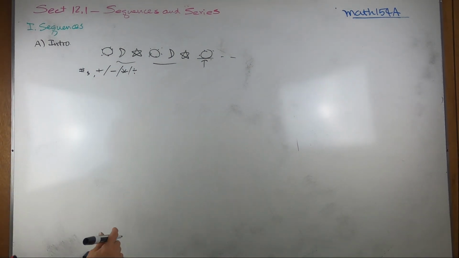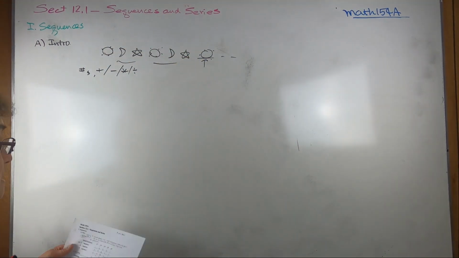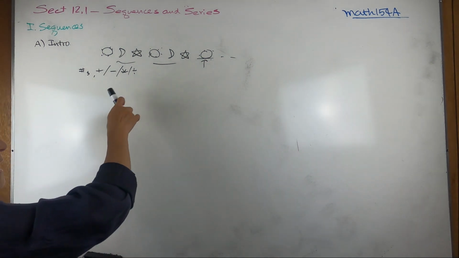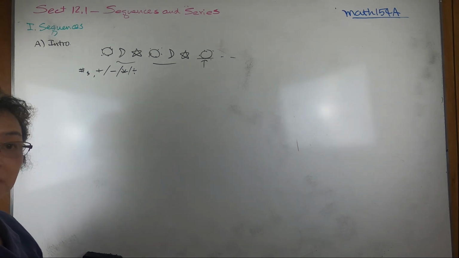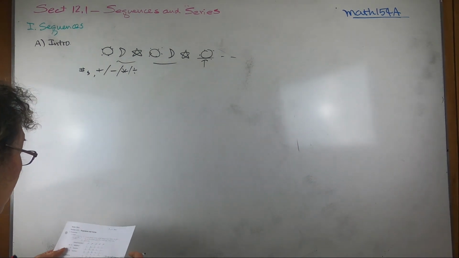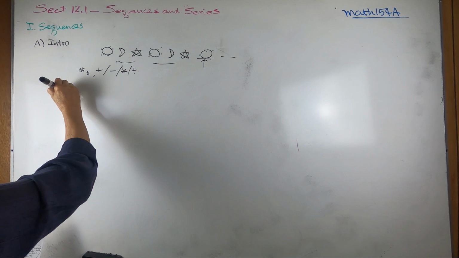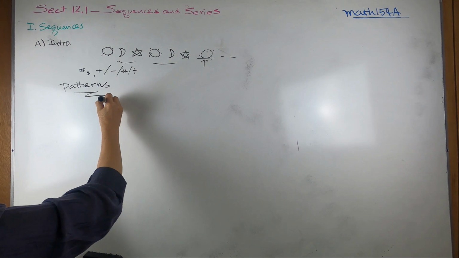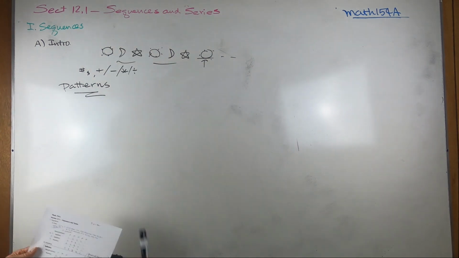Then the things we are going to learn are called sequences and series, certain types of patterns to help us learn from the math to see what will happen for the next number, for the next pattern. So it's talking about patterns.